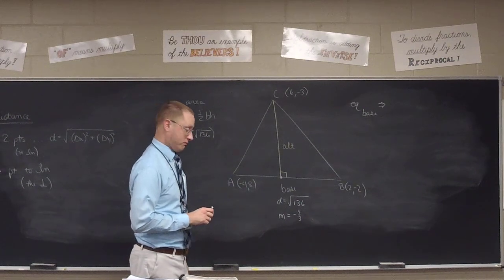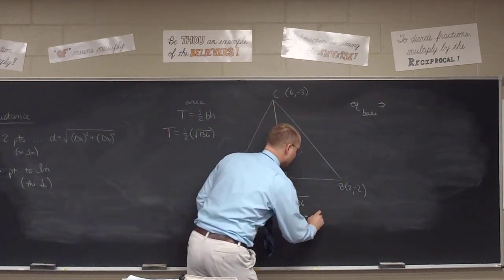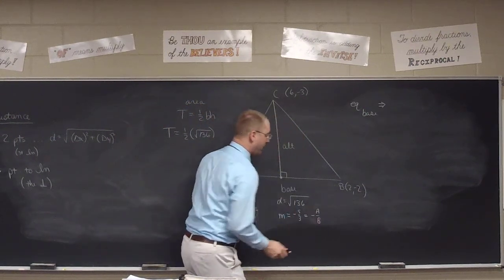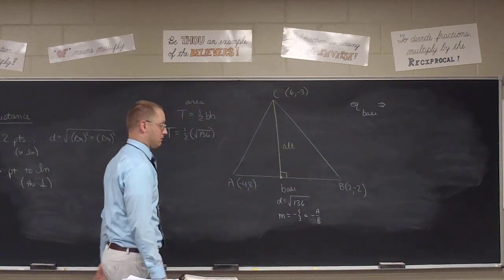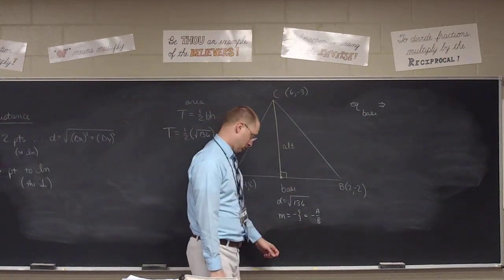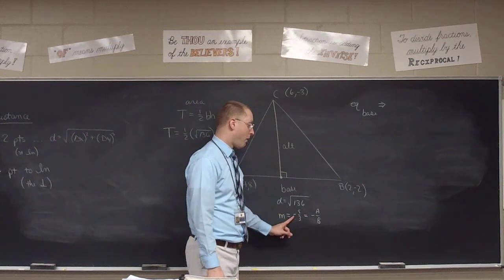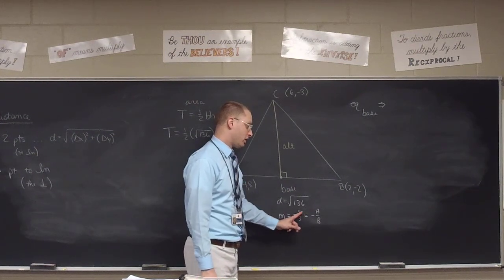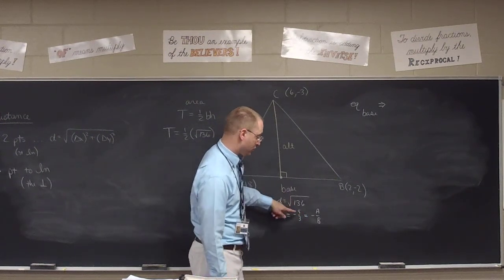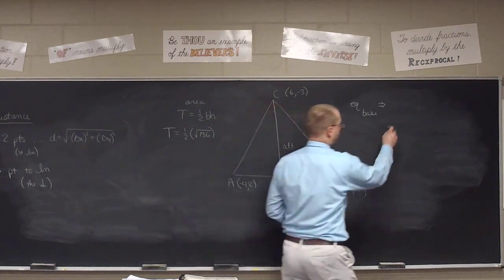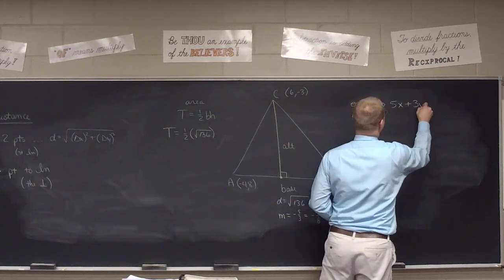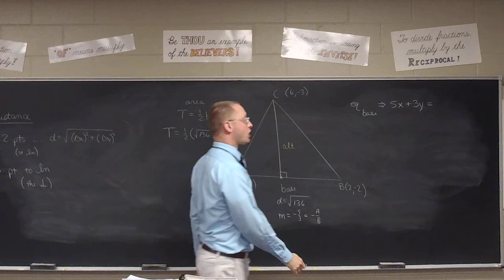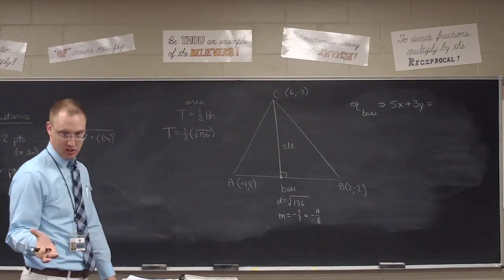Remember, slope is negative A over B. So I know what A is, I know what B is. 5x plus 3y. The negative is already accounted for. Remember, we changed the sign on the slope. So since we have a negative, it means the equation must have a positive. Apparently, the equation of the base starts 5x plus 3y equals something.